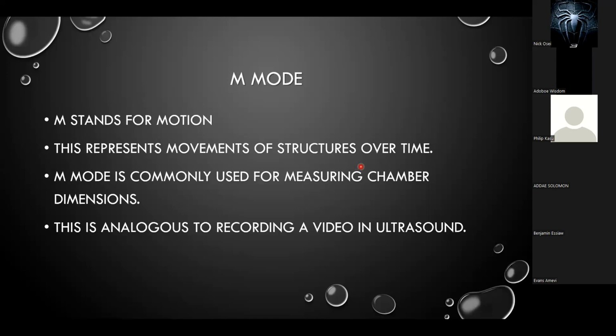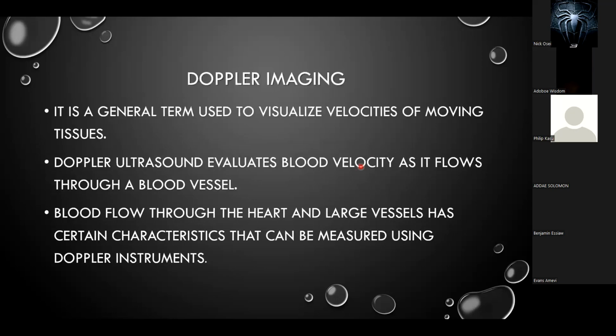With that one, you'd actually see the movement of the structures. If they are moving, you could see the structures moving in there. So that is the M mode. All right. So that's for the grayscale imaging. Those are the first three, the grayscale imaging: A, B, and M. Right.